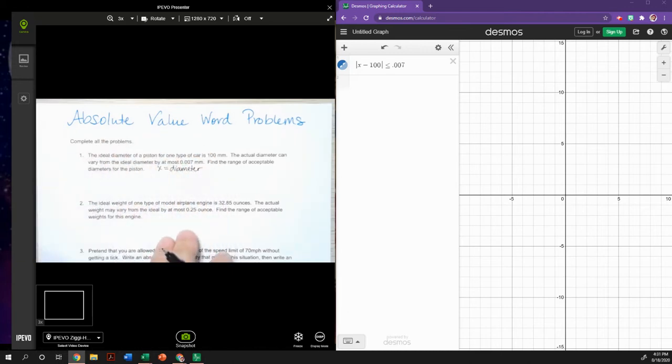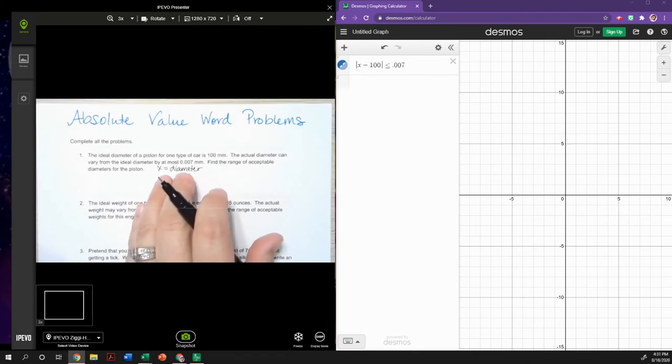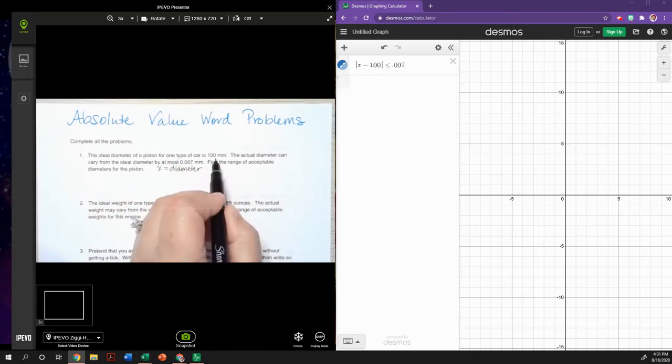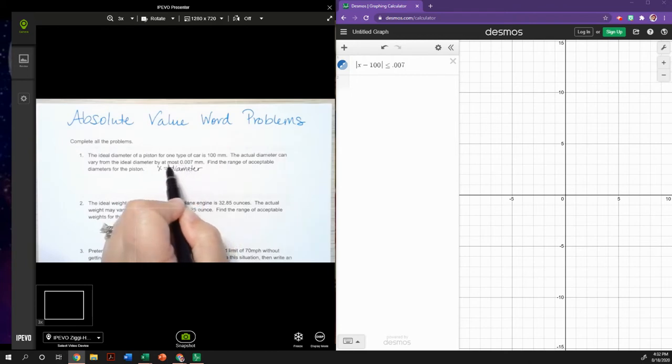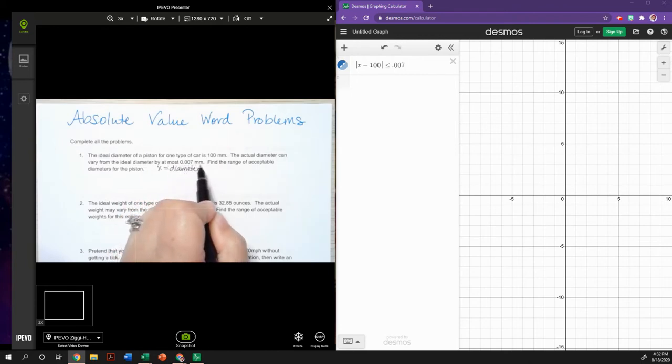And we know that this diameter might be smaller or larger than this 100 millimeters because that's how it would be off. It might be smaller than 100 millimeters. It might be larger than 100 millimeters. So we need to figure out what that excess is. What is that leftover diameter? And we need to find out if it's in this acceptable range right here of being at most 0.007 millimeters.